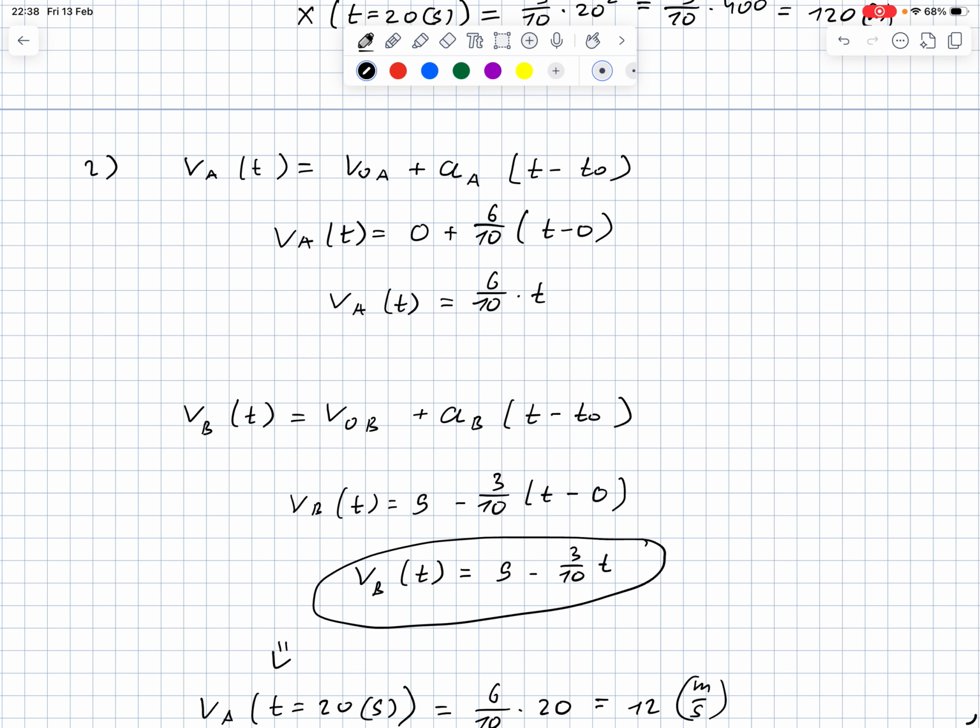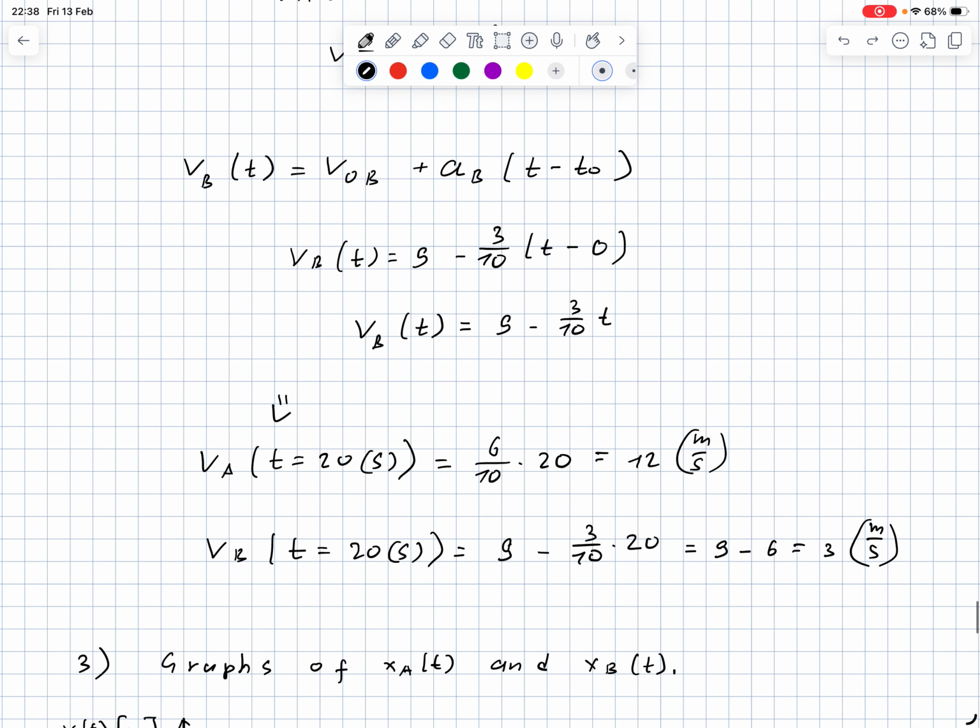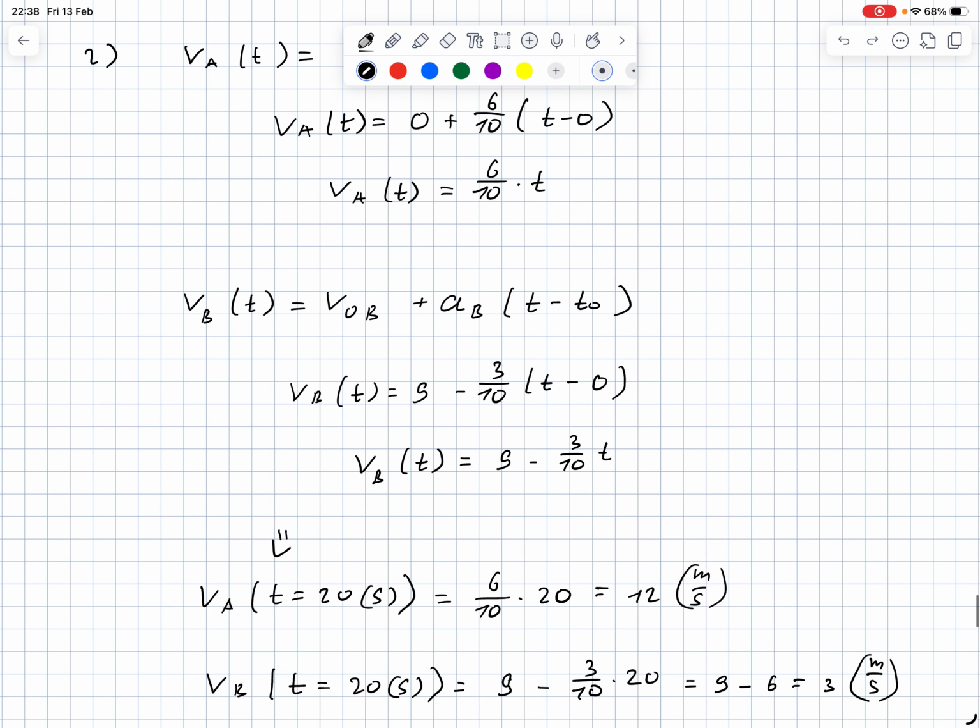Now we're going to use the time of 20 seconds and substitute it in both functions that represent the velocity of the two objects. VA, the velocity of object A, equals 6 divided by 10 times t, which is 20 seconds.